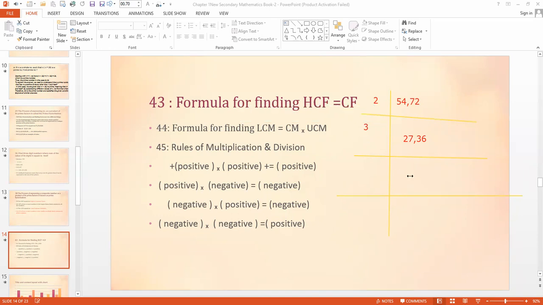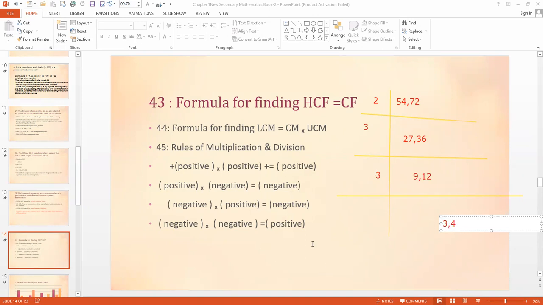It will come 9, and 3 nines are 27. Very good. And then 3 twelves are 36. Again, it is divisible by 3, so I write 3. When I divide by 3, I get 3 again, 3 threes are 9, and 3 fours are 12.